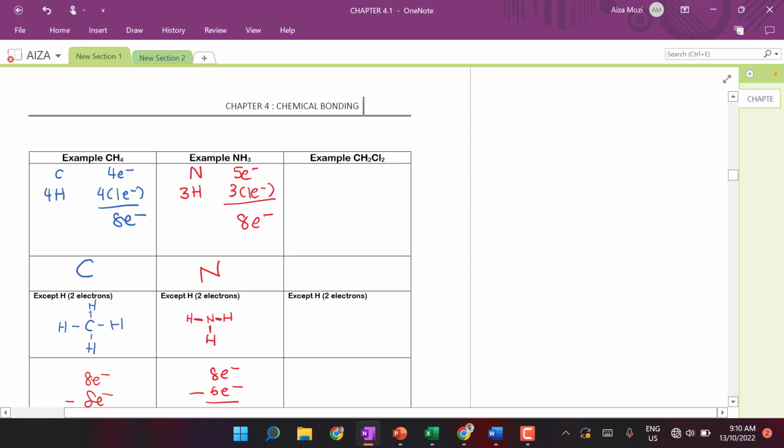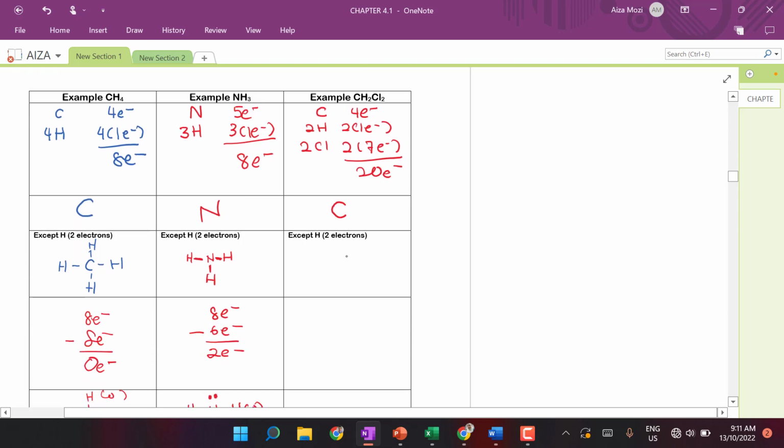Okay, next is CH2Cl2. So carbon 4, 2 times hydrogen, 2 times 1, and 2 times Cl, 2 times 7. So 20 electrons. Carbon is the least electronegative compared to Cl. Then draw the skeletal structure.